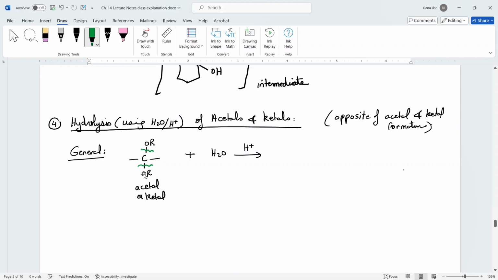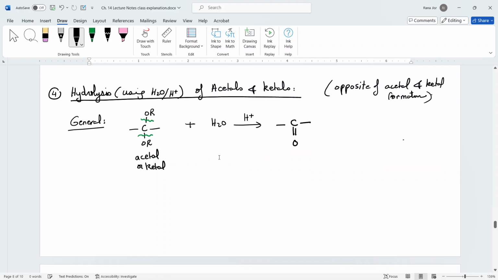You're breaking them and returning the structure back to its original, which is the carbonyl, the C double bond O. So that carbon is going to have both sigma bonds broken, and you're going to form a pi bond. The oxygen comes from the water addition, but you're not responsible to know the process of how we obtain this. You're just responsible to draw your product.